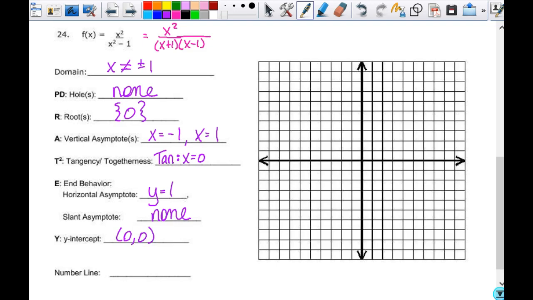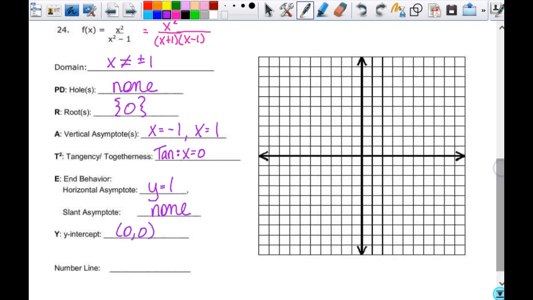On my number line, I'm going to put my root, which is at 0, and my asymptotes. So I have 0, and then negative 1 and positive 1. If I plug in a negative 2, the numerator is going to be positive no matter what because it's being squared.